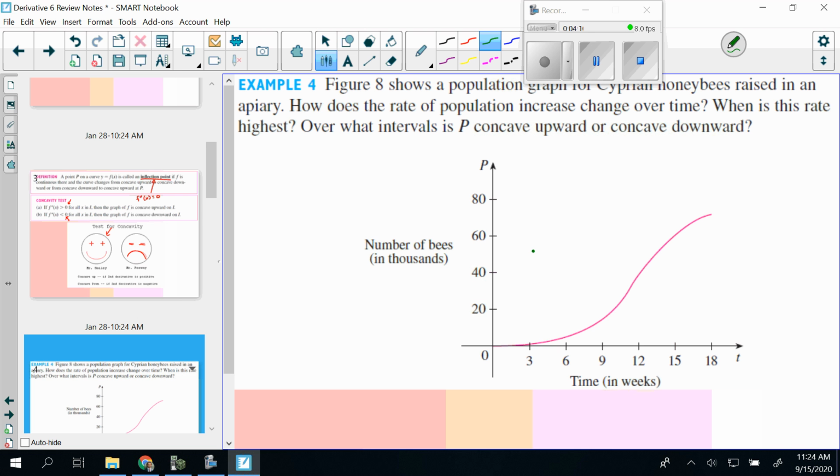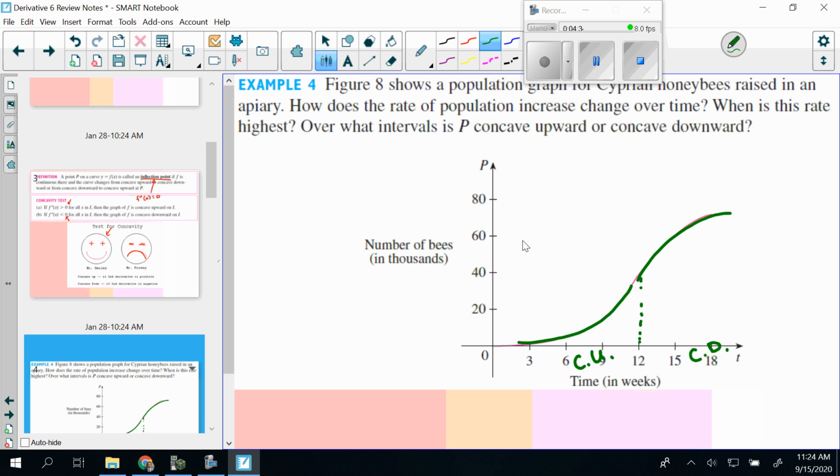Here's our kind of smiley here. Somewhere in here it changes. And now we got more of that frowny here. Looks like somewhere probably right around 12, I would guess. This is concave up here, and then it changes to concave down.